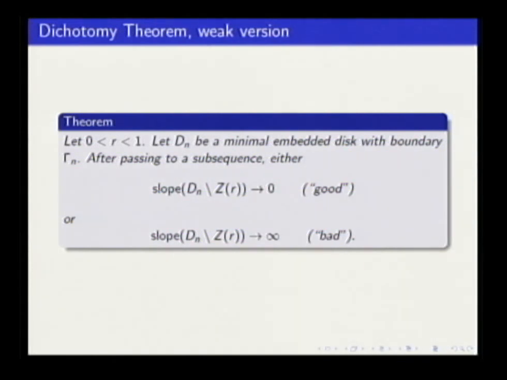Either that slope goes to 0, like the helicoid, or it goes to infinity. It can't go to any finite value. So in that sense, 0 is very like the helicoid, and infinity is extremely different from the helicoid. But it's impossible for that to have a finite positive limit.